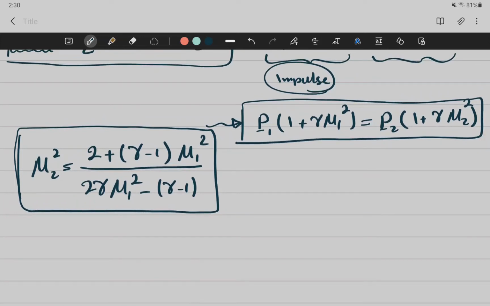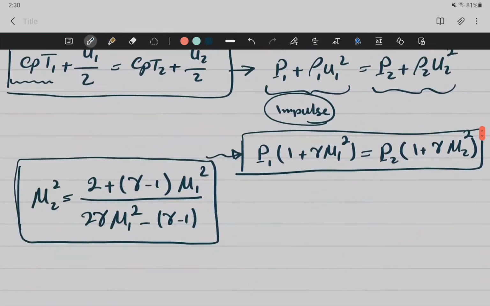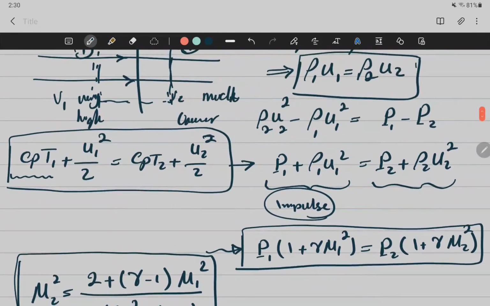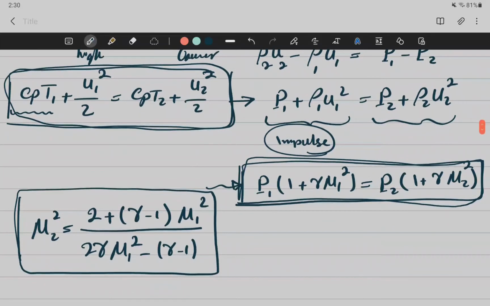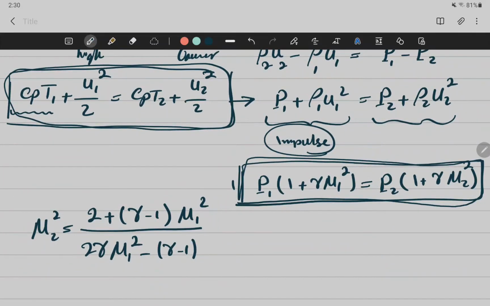To get from these three equations to this equation is a long way, and I don't want to go over the derivation. But if you want to know the derivation, we can talk about it after the class. Okay? Joseph.